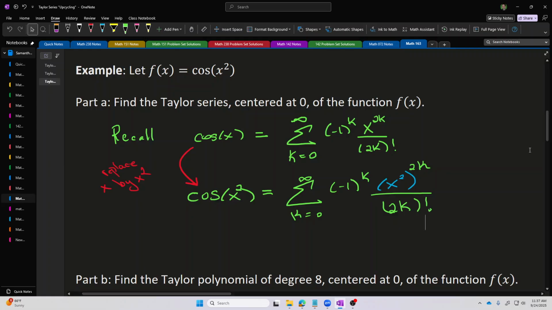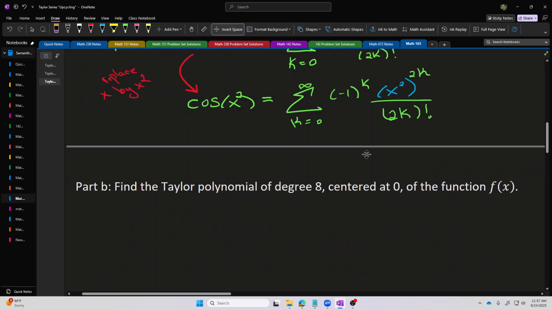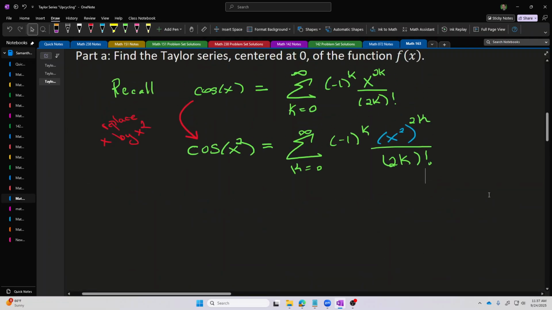So this action on the left, I've done the same action on the right. And just by making that substitution, I have achieved the Taylor series for cosine of x squared. The Taylor series for cosine of x squared is equal to this series, k goes from 0 to infinity of negative 1 to the k, x squared raised to the power 2k, divided by 2k factorial.